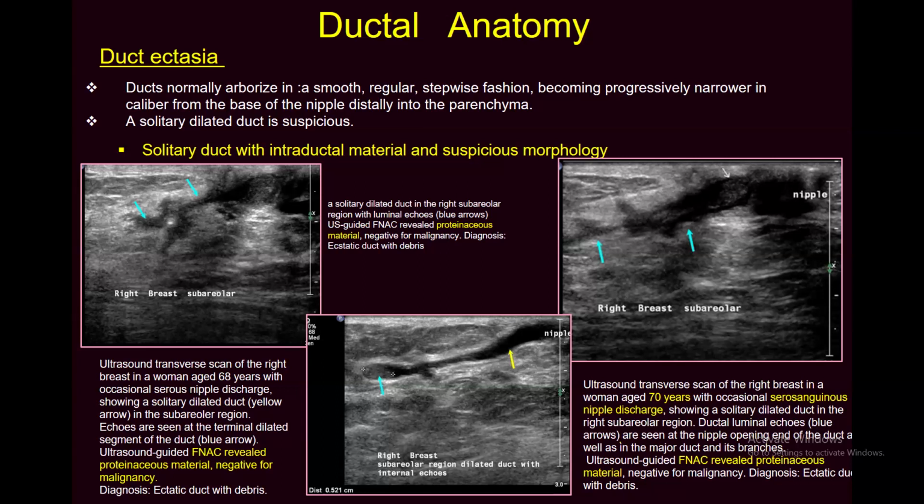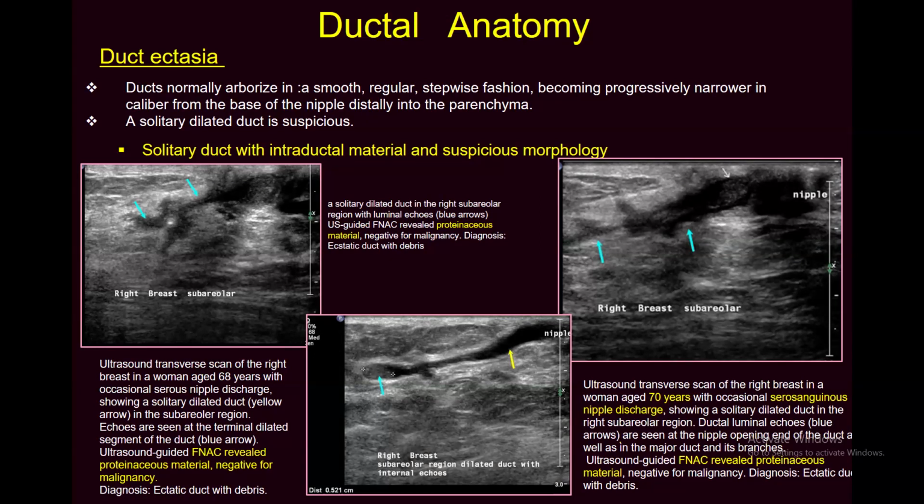So any abnormal morphology will make it suspicious. A solitary dilated duct per se is suspicious. If it is solitary, it will be suspicious. And all these examples have an abnormal, suspicious, irregular morphology.